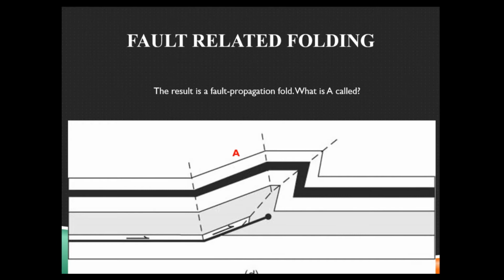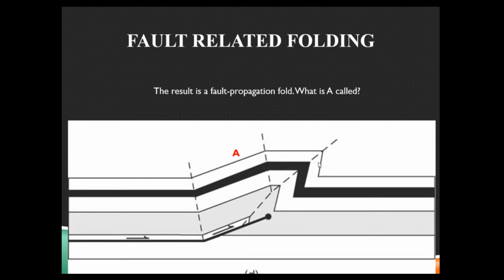If we continue, we may get a flat and ramp type setting like this. You can see that section A is showing a ramp. All of these layers are angled because they rode up this ramp in the fault.